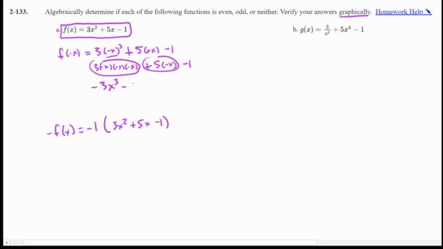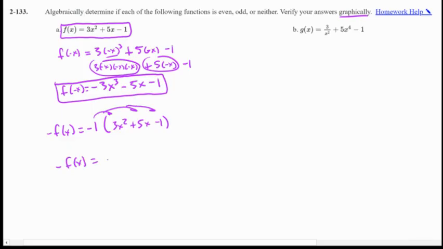This also ends up becoming a negative, and then we have minus 1 at the end. So now we have f of negative x. That's the second equation we're going to need. And then the third one, I'm just going to distribute this negative to get negative f of x is equal to negative 3x squared minus 5x plus 1.